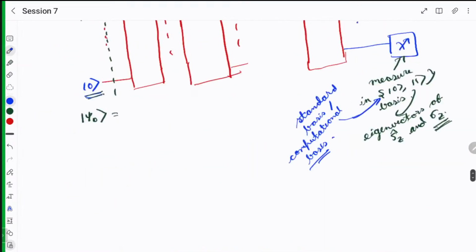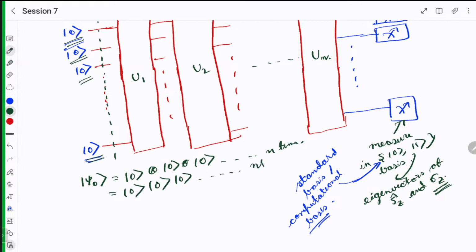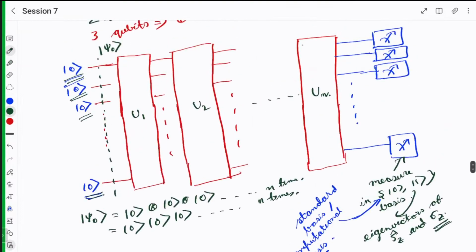So it would be 0 tensor 0 tensor 0, n times, or you can omit the tensor product notation and just write ket 0, ket 0, ket 0, n times. Exactly. So this is what the initial state is.